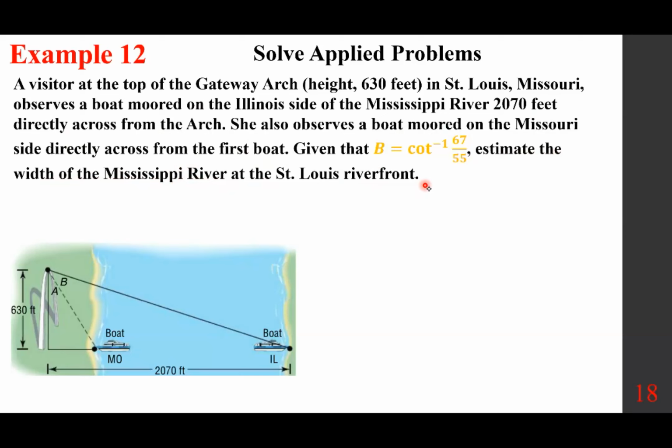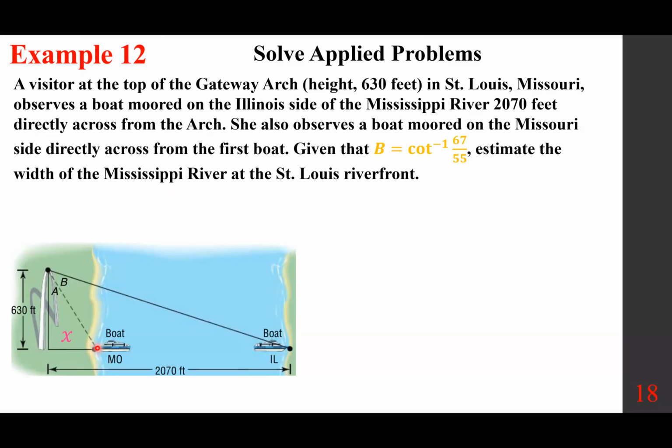So let's see what is given, what is missing. So we have this distance of 630 feet. We have this distance of 2,070 feet. And if we call this distance, everybody, this one, X amount, we want to estimate the width of the river.